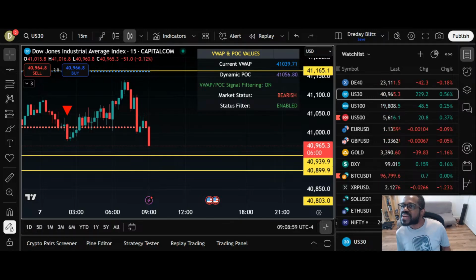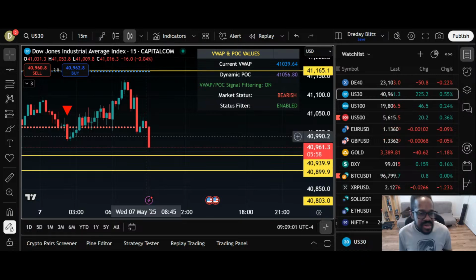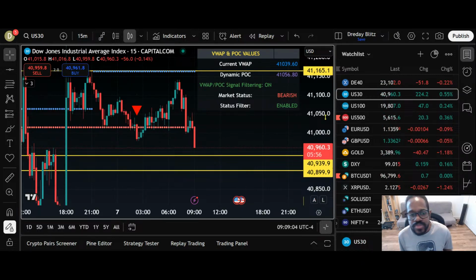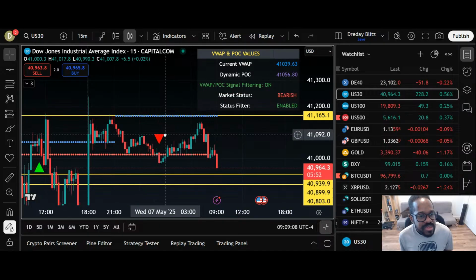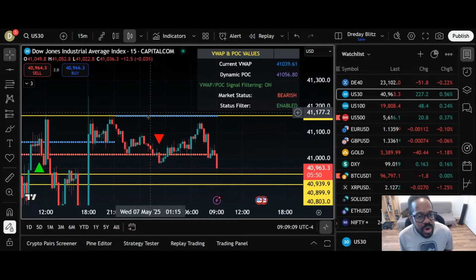Like I said, off of that move, I told you guys to put your stop loss here at the previous swing or at the previous level.